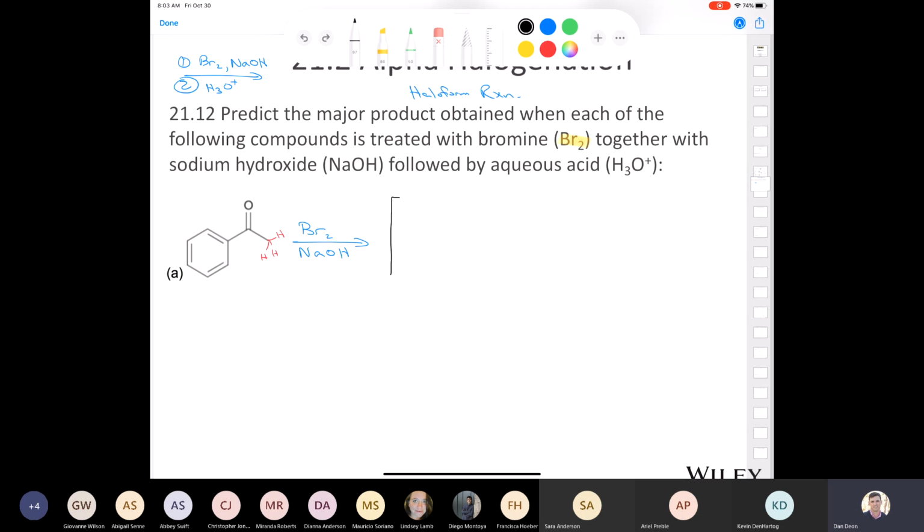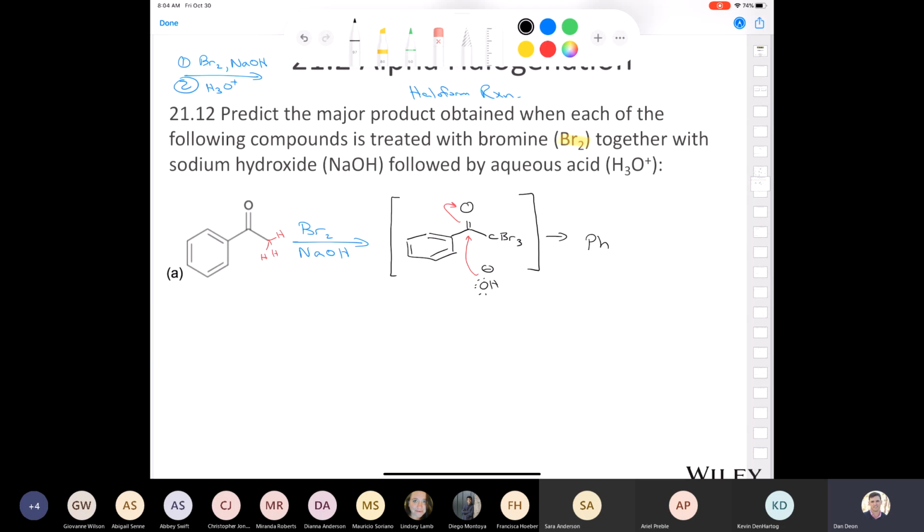So let's draw our intermediate, which is going to look like this. We have our aromatic ring. We still have our ketone, but now this carbon has 3 bromines attached to it. And that renders the carbonyl carbon very electrophilic. And so the hydroxide from sodium hydroxide is going to behave as a nucleophile, and we're going to get a nucleophilic attack and form a tetrahedral intermediate, which is going to look like this.